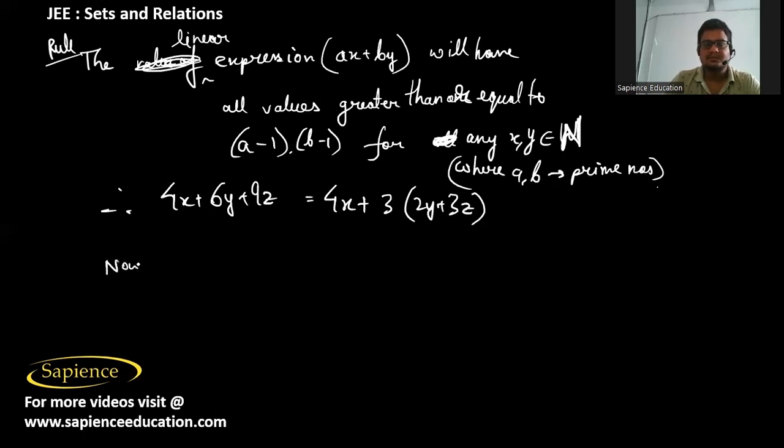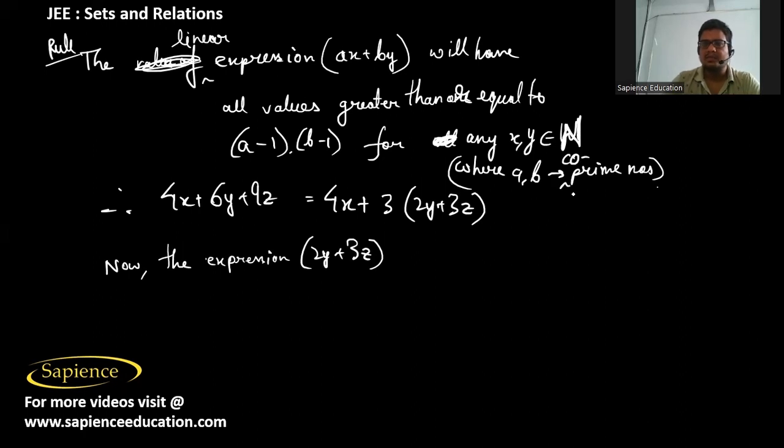Now in the expression 2y plus 3z, 2 and 3 are prime numbers, and a and b should be co-prime.